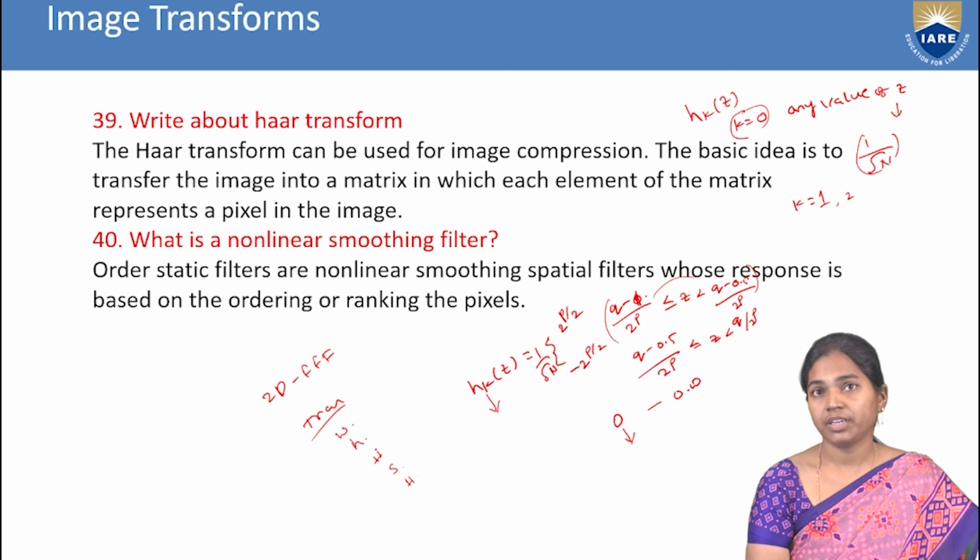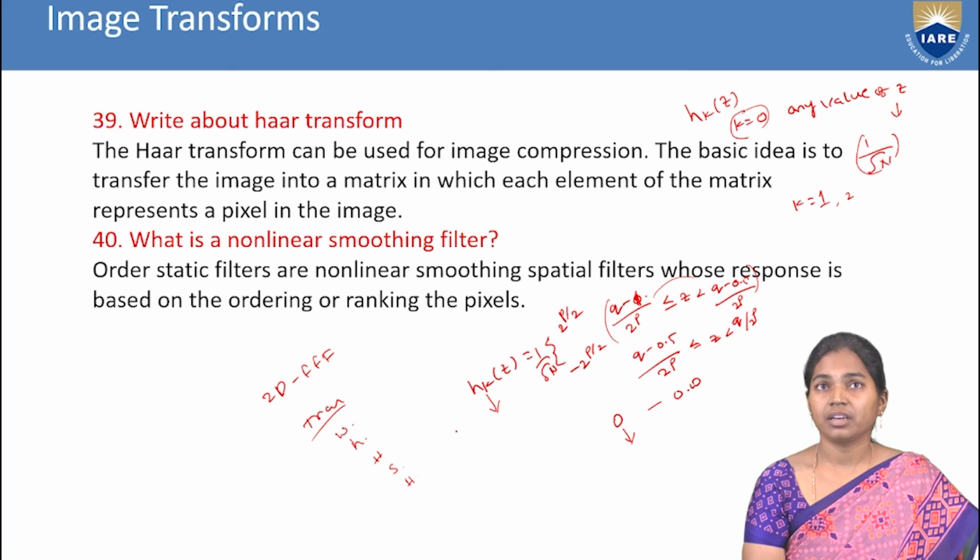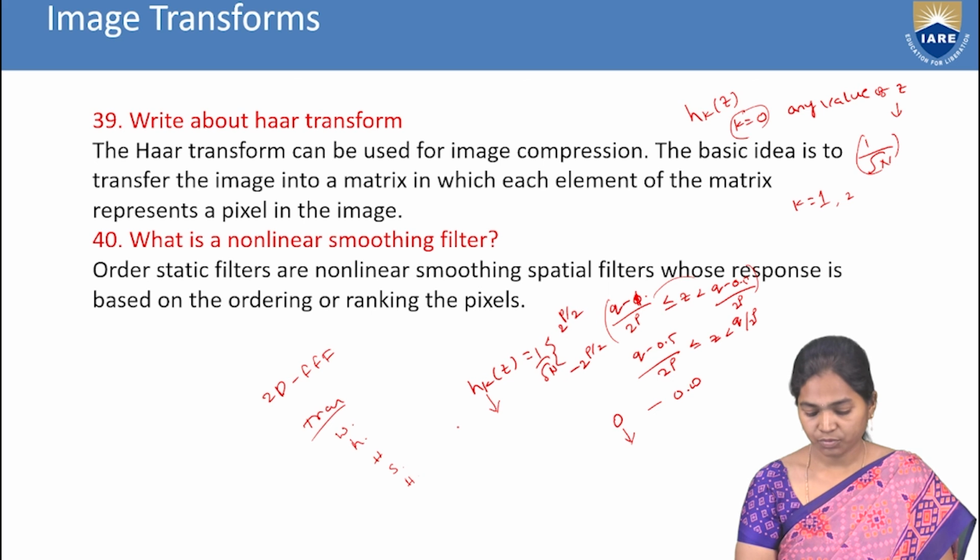So we have different types of transforms and properties, some filtering techniques, how to do enhancement, what filters we use to remove noise components, what is meant by gray level, and how to apply the transforms on our images. So these are the basic definitions in our second module, image transforms.